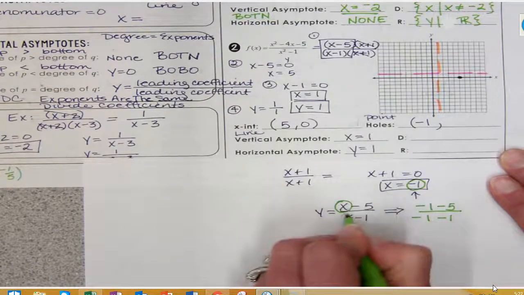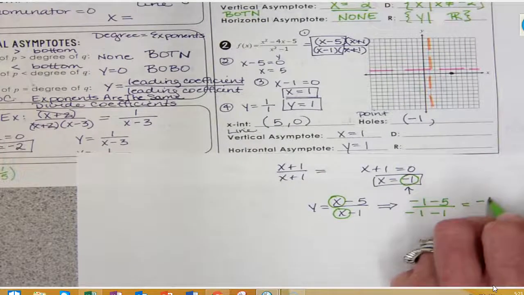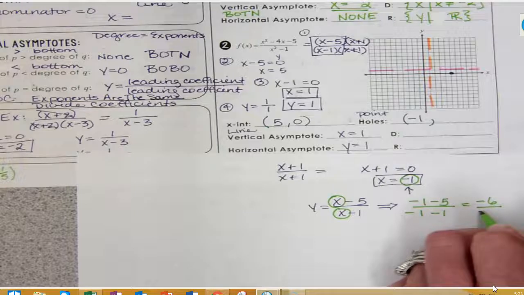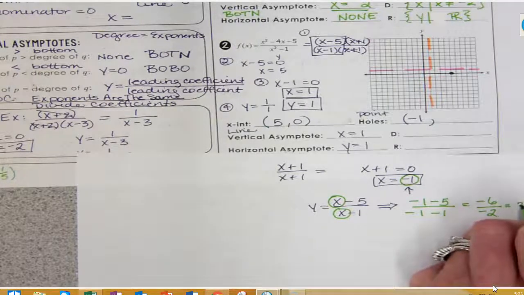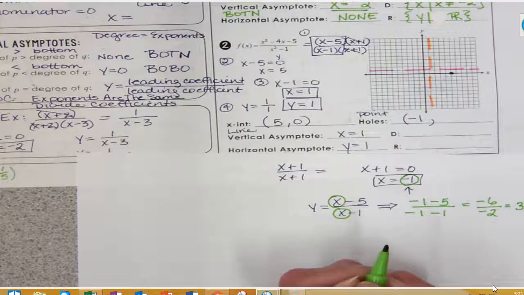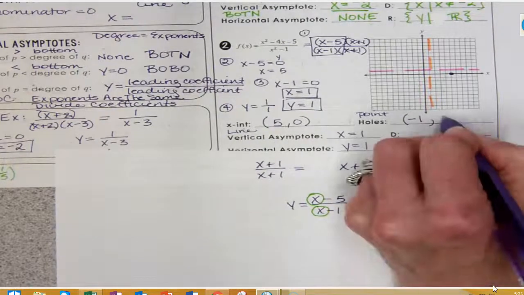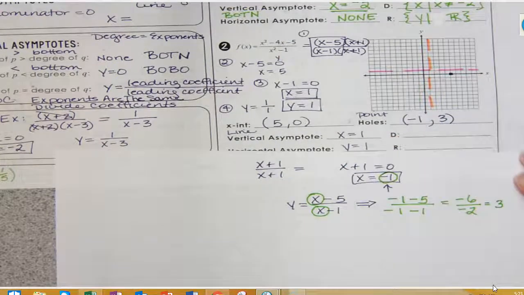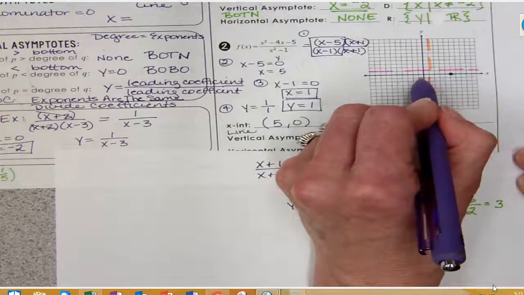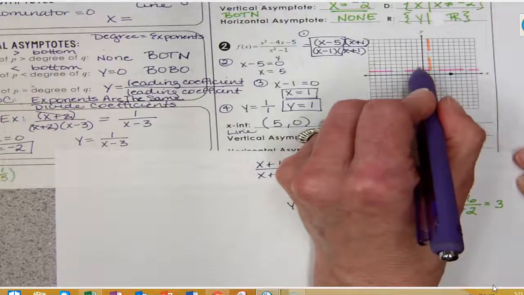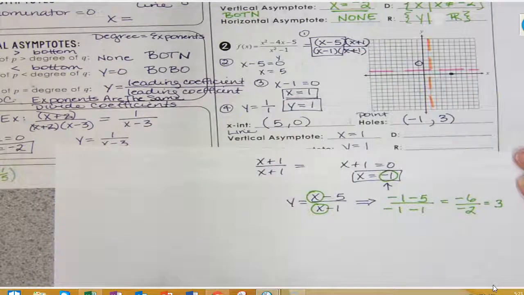I've taken this and plugged it in for my x value, and I'm going to get -6 divided by -2, which equals, of course, 3. So I get -1, 3 is my hole. So I'm going to go -1, 1, 2, 3, and mark that as a hole.